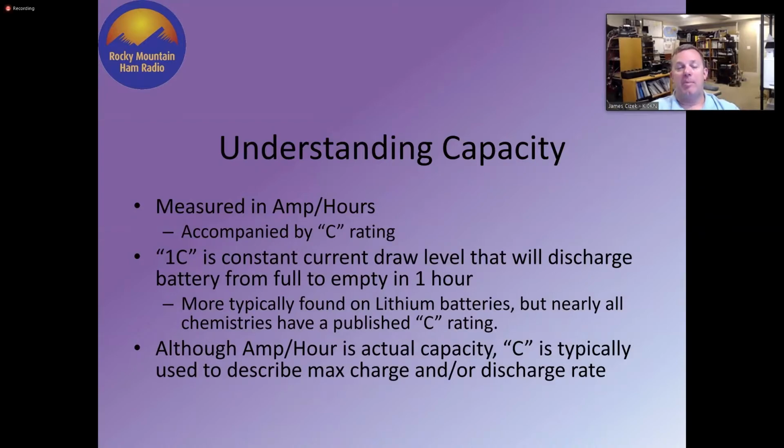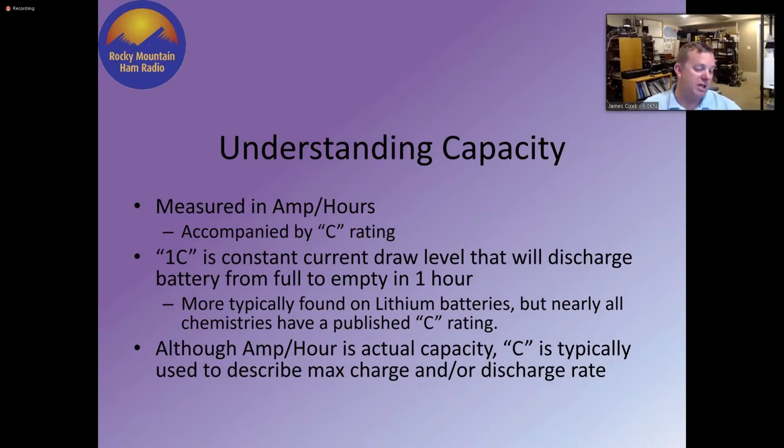Let's talk about capacity for a minute. Capacity is probably one of the least understood and most confusing items in batteries, because every battery, every manufacturer, and every type managed to somehow give you different data on it, which does not help us a lot. But one thing that is known is the C rating. This is a constant current draw.